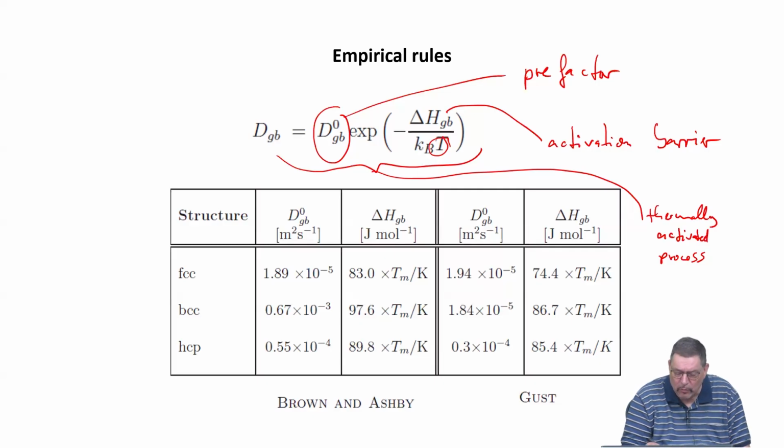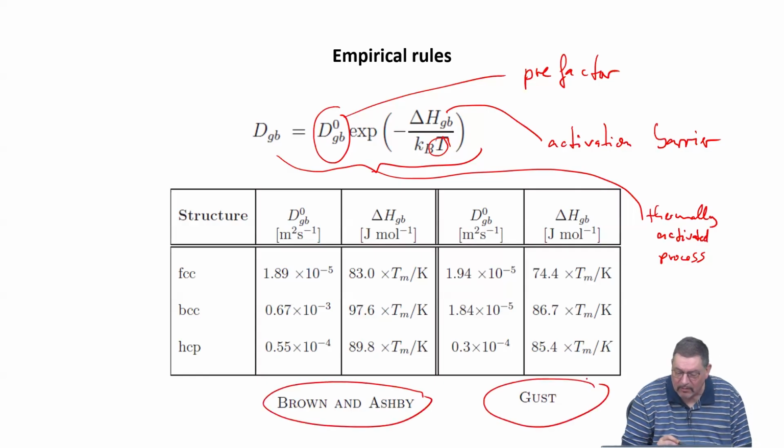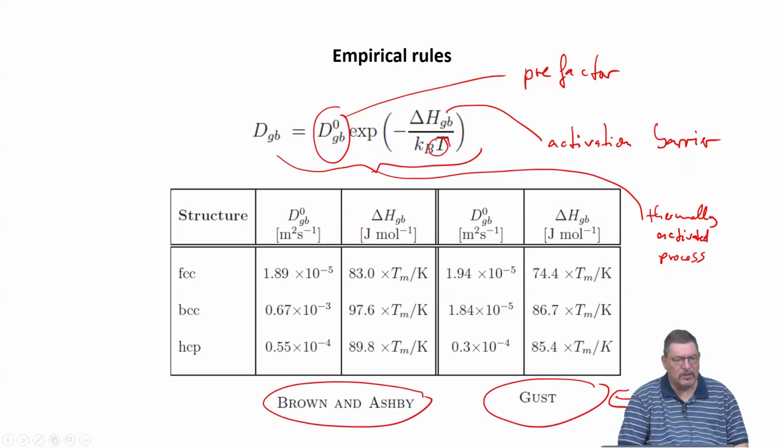And there are two value combinations given. This is the more recent one. And most of the people prefer these values by Gust, just because he actually measured grain boundary diffusion coefficients.